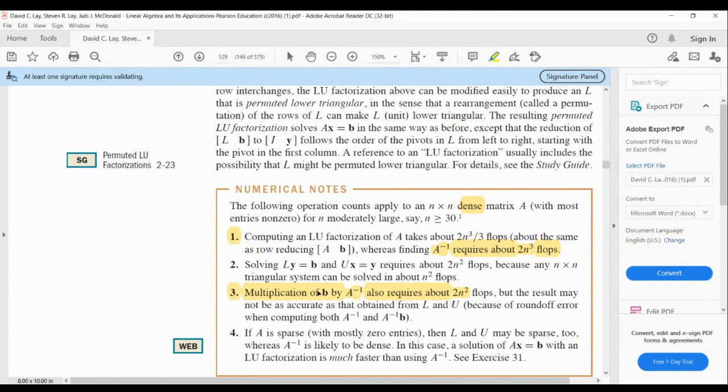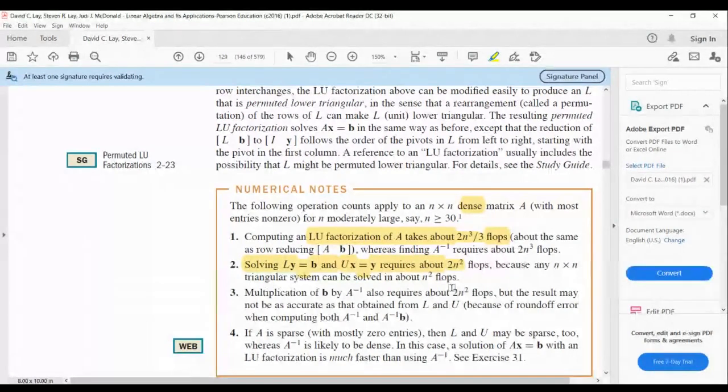Whereas if you were to solve a system using an LU factorization, getting the LU factorization takes about 2 times n cubed divided by 3 flops, and then solving the two systems of equations takes about 2n squared flops.